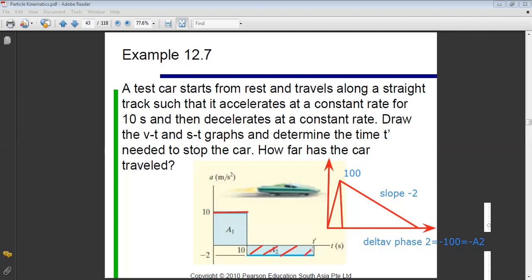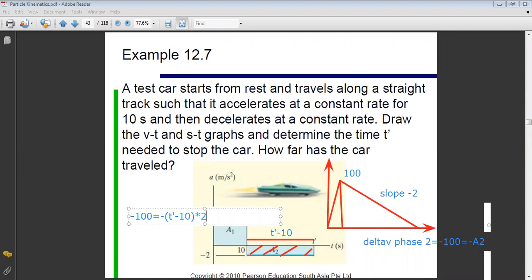What is the area of this rectangle? The distance from here to here is t prime minus 10, okay? And the thickness is 2. So I can say that delta V, which is minus 100, is equal to minus A2, which is t prime minus 10 times 2.